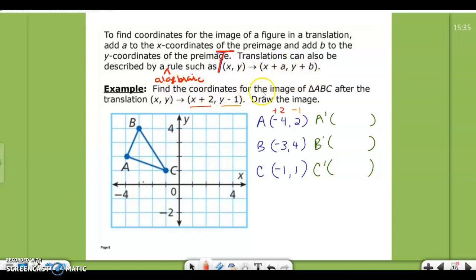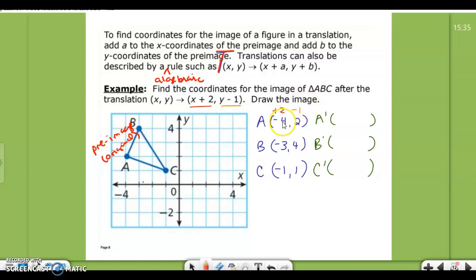So find the coordinates for the image of triangle ABC after the translation of x plus 2, y minus 1, and draw the image. So here are my coordinates of my original x and y's. This is my pre-image, also known as original.